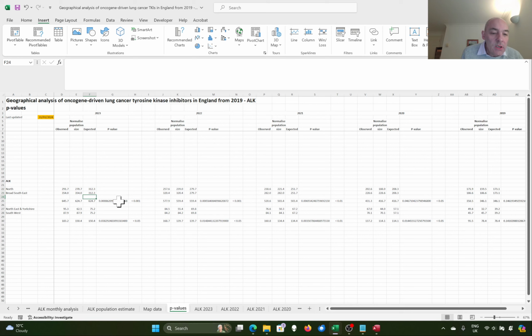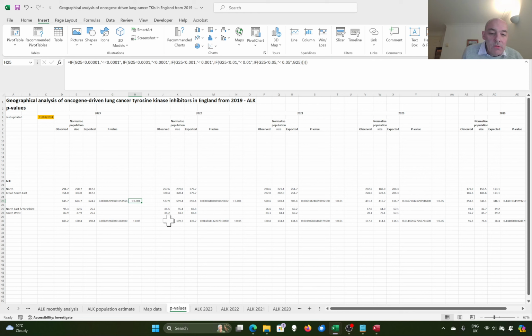So then I've done this chi-square formula, which compares the normalized population with the expected population and sees how unusual that is, and I get a p-value there. And then I've simplified that into a series of different groups.